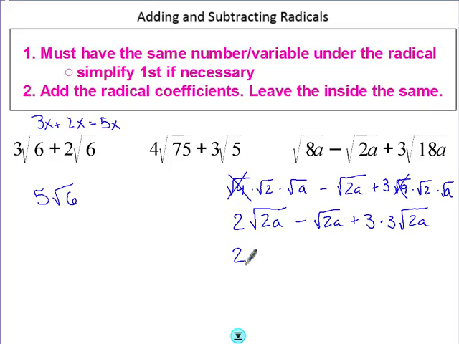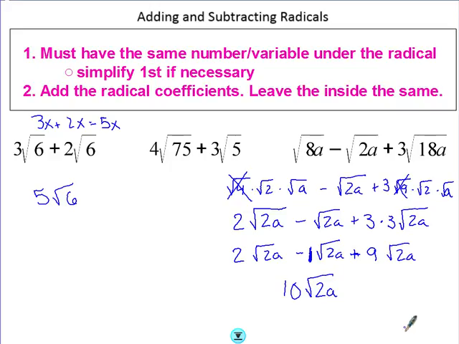So when I simplify all of this together, I have 2 times the square root of 2a minus the square root of 2a plus 9 times the square root of 2a. Now I have 2a, 2a, 2a under all my radicals, so I can combine the coefficients. Again, there's nothing written here, so that would make that a 1. So 2 minus 1 would be 1, plus 9 is 10 times the square root of 2a.